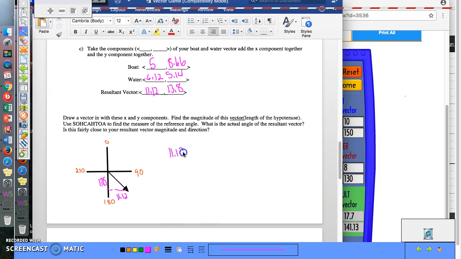The Pythagorean. 11.12 squared plus 13.8 squared equals c squared.